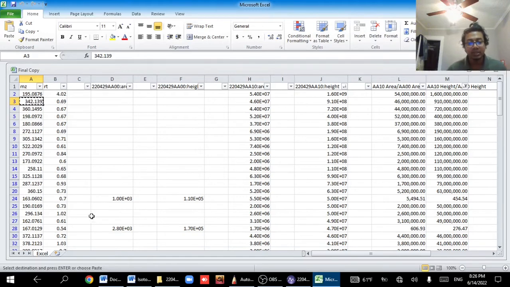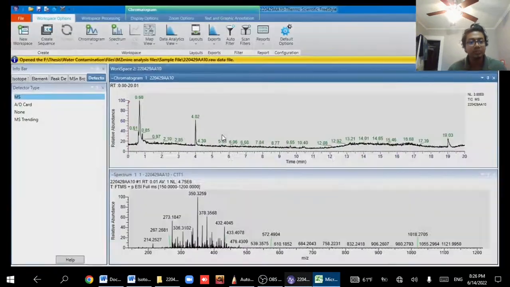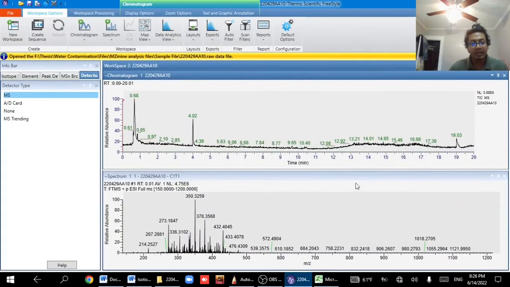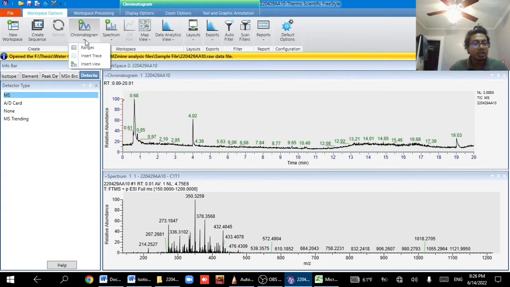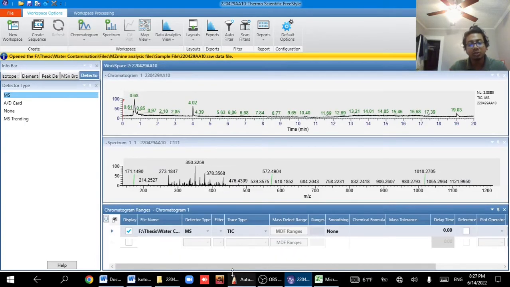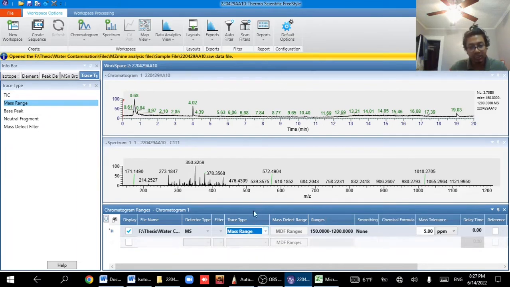Okay, then I need to reopen FreeStyle. Here you can see, and the first thing I need to do is go to Chromatogram, click on that, and then Ranges. Why Ranges? Because you need to input the m/z value here. Make the trace type Mass Range, and when you first open it, it will take a maximum of 30 seconds to change from TIC to Mass Range.